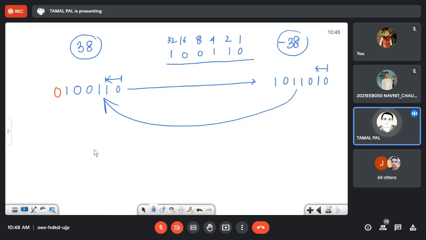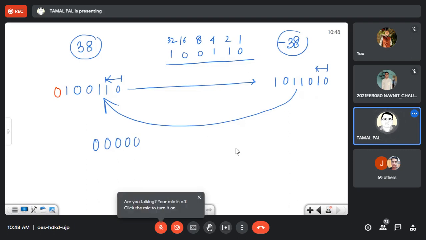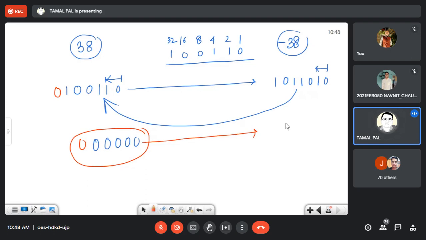Here let us check if there is any problem of two zeros. So let's check 0. Let's say the 5-bit representation of 0. The sign bit is 0, so it is a positive number. Now convert it into 2's complement. There is no first one, so everything will be unchanged: 0, 0, 0, 0, 0.